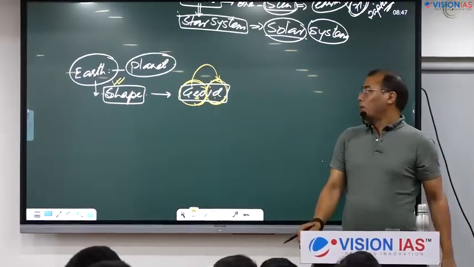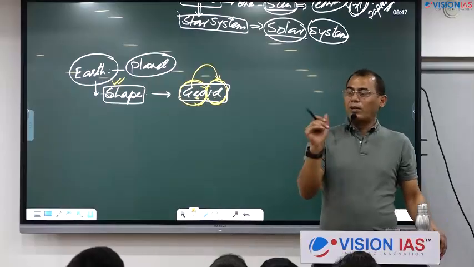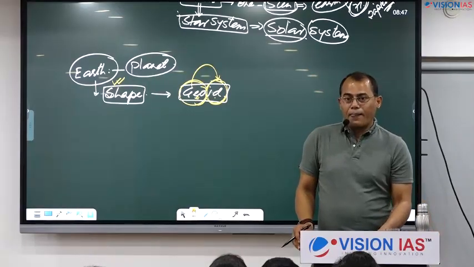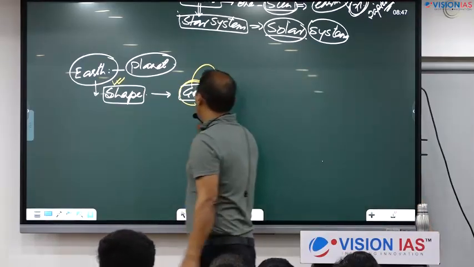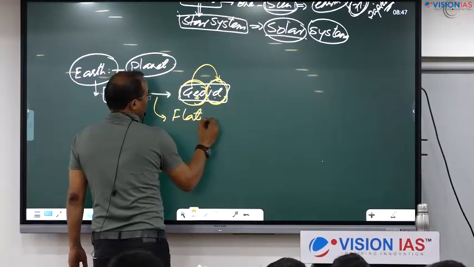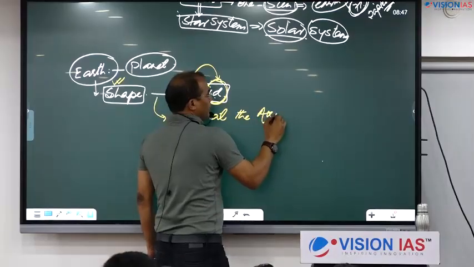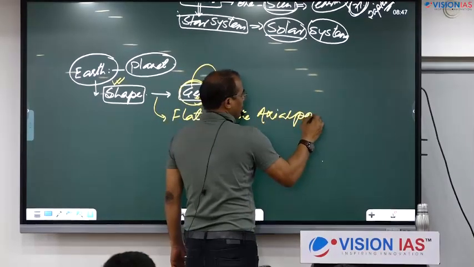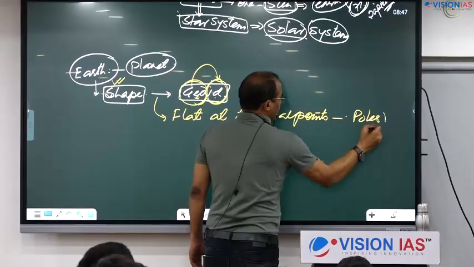The closest to the shape is either an orange or an onion, right? So what is the uniqueness of its identity? Flat at the axial points, which we call poles.